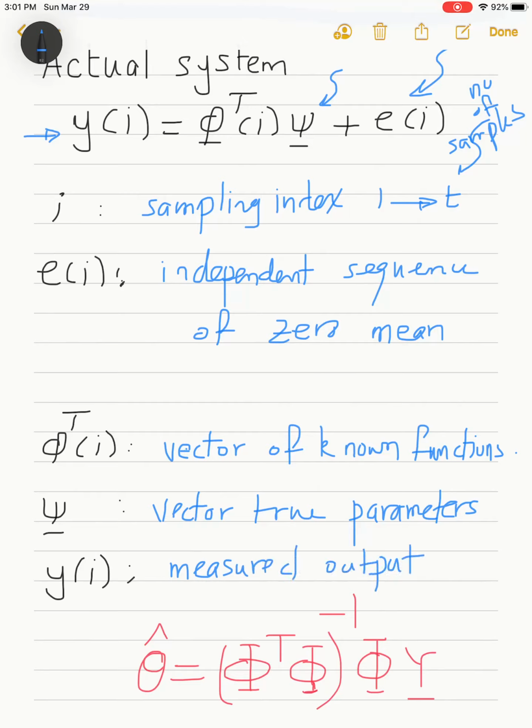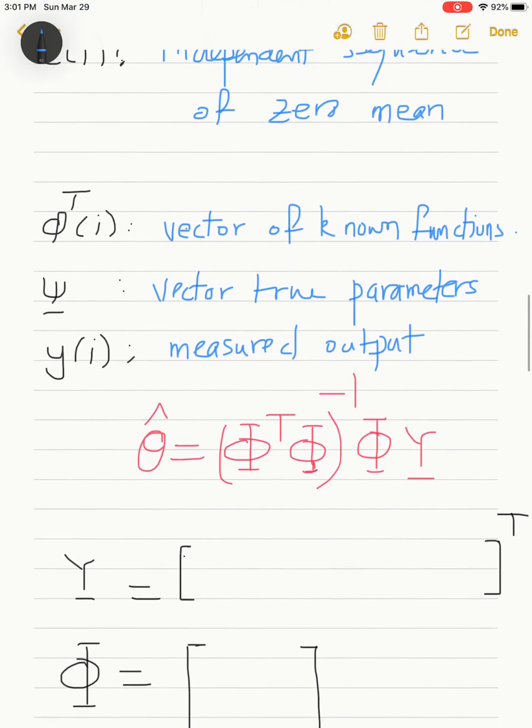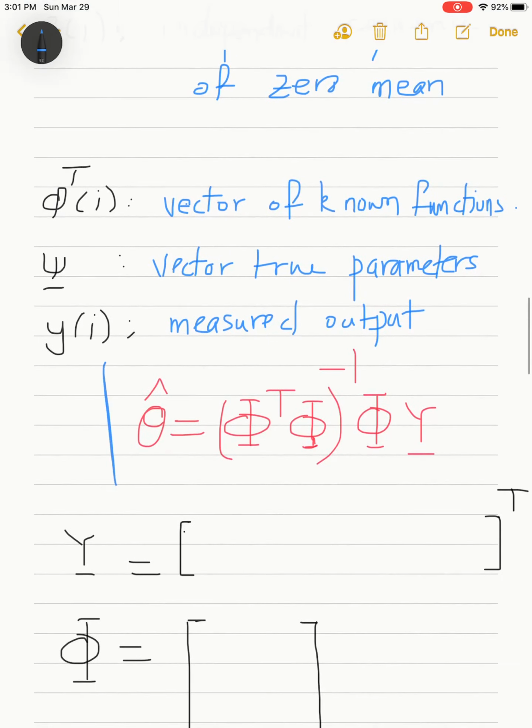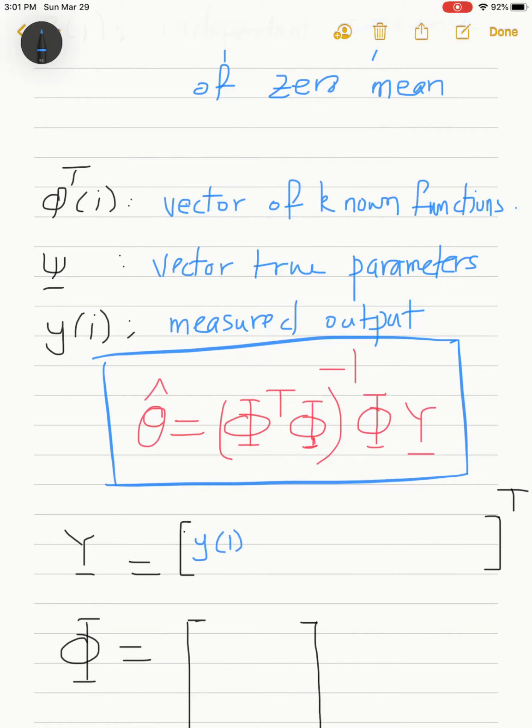So we have shown before that the least square estimate of the parameter theta would be given by this formula. So this theta hat is just the estimate of psi. The vector y would be composed of the measurements y of 1, y of 2, up to y of t.